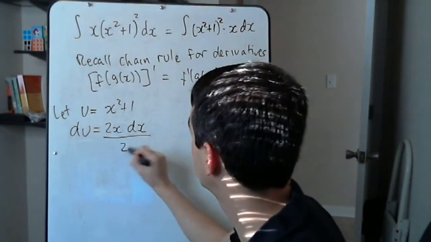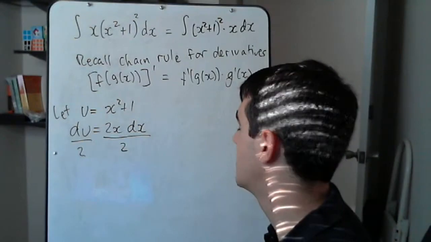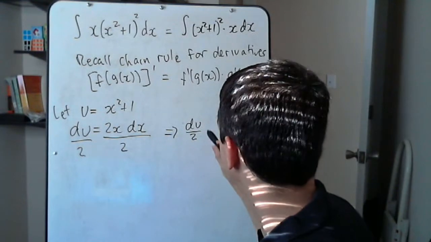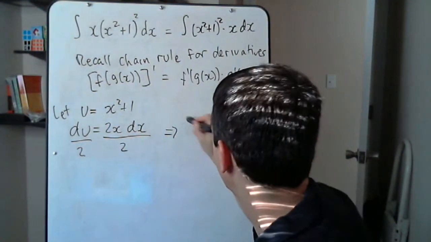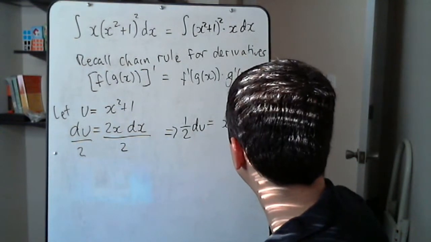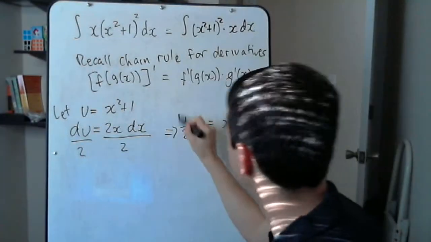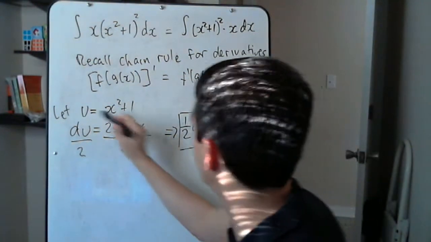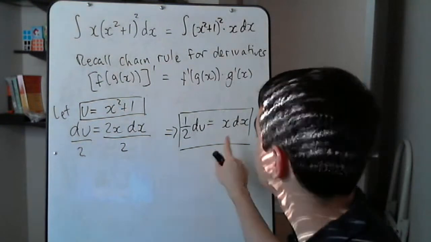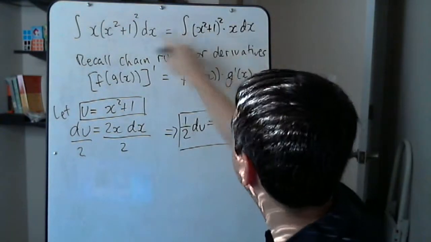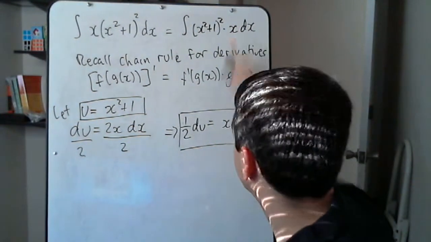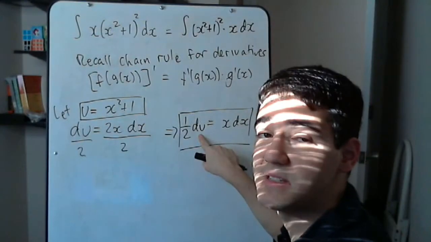So we divide everything by 2, and so we get du over 2, or let's make it a little bit simpler, 1/2 du equals x dx. Okay, so now we have this substitution, and we have this substitution. Because we wrote this expression in terms of u and this expression in terms of du, we can now make that substitution.